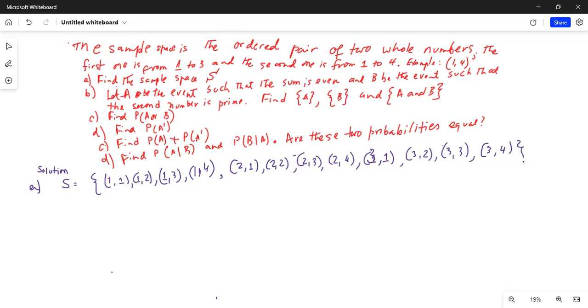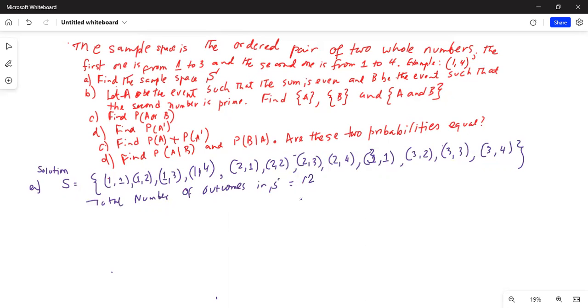So the total number of outcomes in the sample space S is 12. Okay, so that's your sample space.